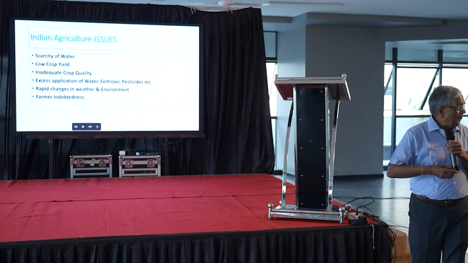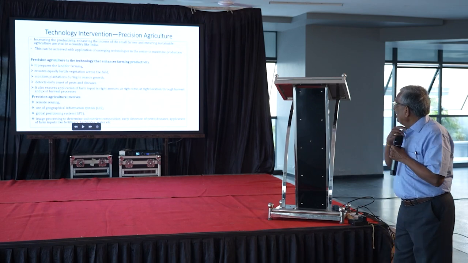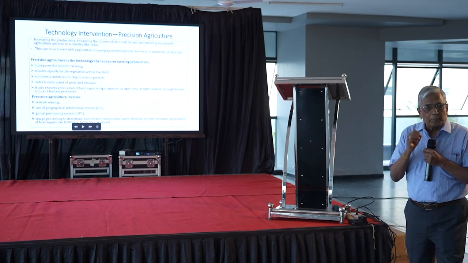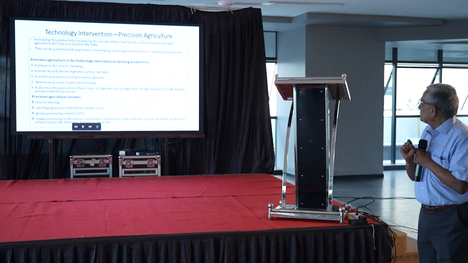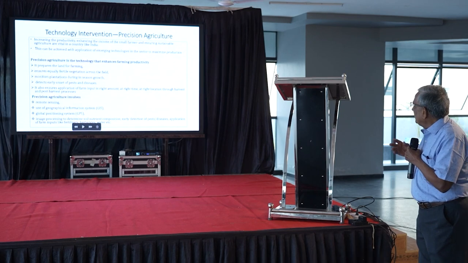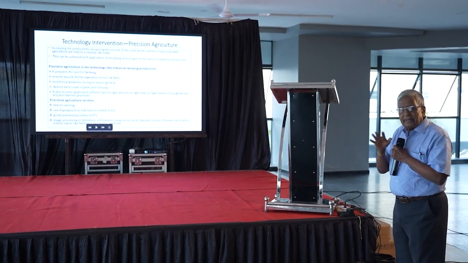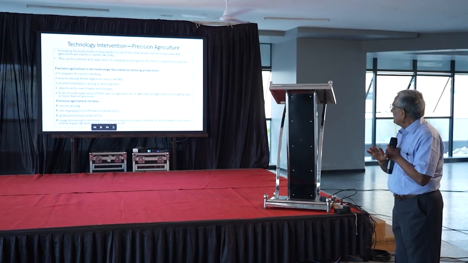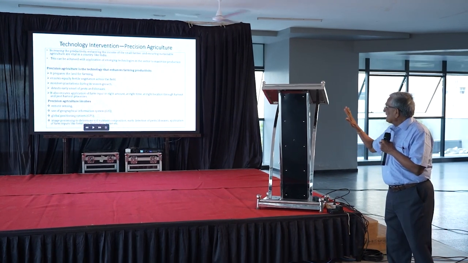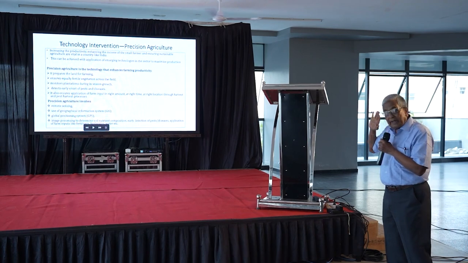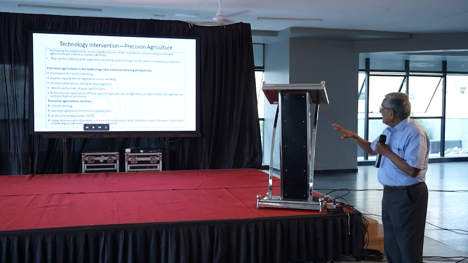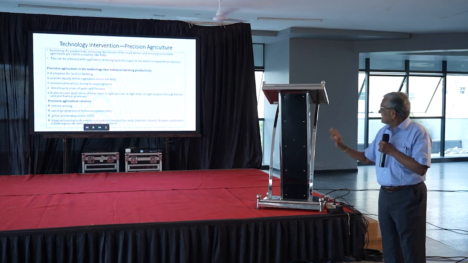So let's go next. I think the technology I am talking about is precision agriculture. What do we need to do? Precision agriculture is the technology that improves farm productivity, prepares the land for farming, ensures uniform fertile vegetation across the field, monitors the plantation during the season's growth, and detects early onset of pests and diseases.